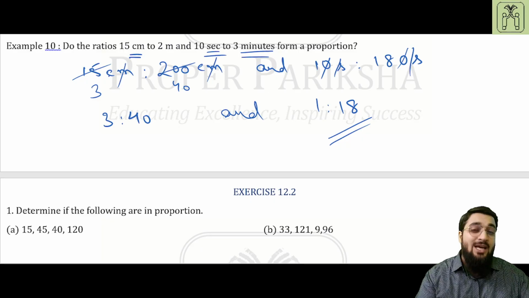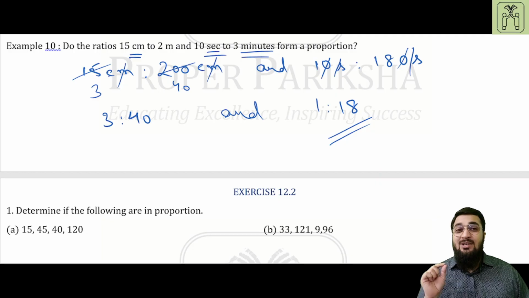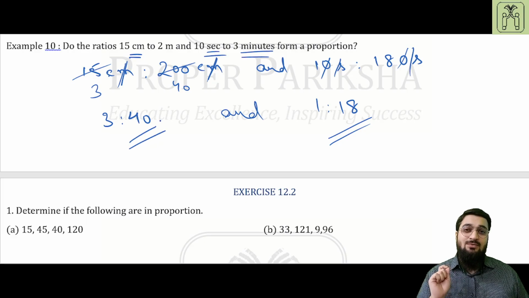But can different types of units be compared? That is a question, and that is for you to understand as homework, because if we look at it fundamentally, the units are getting cancelled out, and the ratio ultimately does not have any unit in itself. When we come to certain questions in the exercise, we will get to that part.